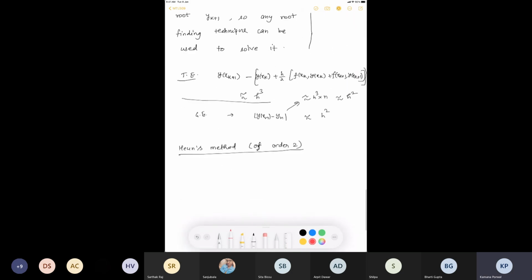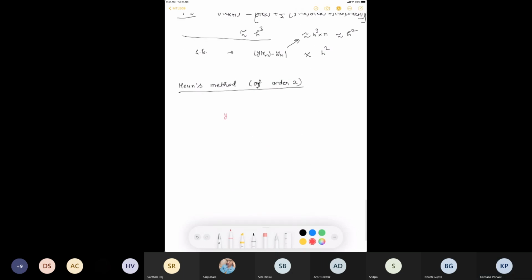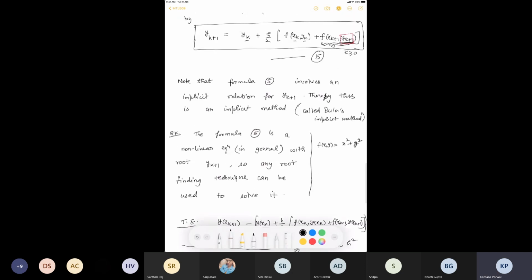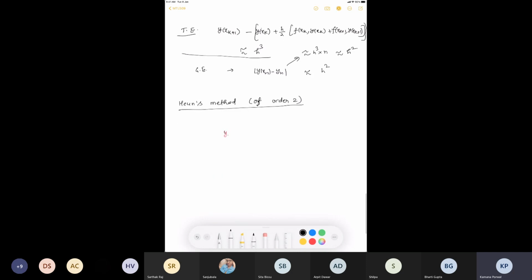So the suggestion was that here, where we have y_{k+1} inside the function f, I'll use the approximation of y_{k+1} by Euler's method, that is, y_k plus h times f(x_k, y_k). Let me call this y_{k+1} tilde.